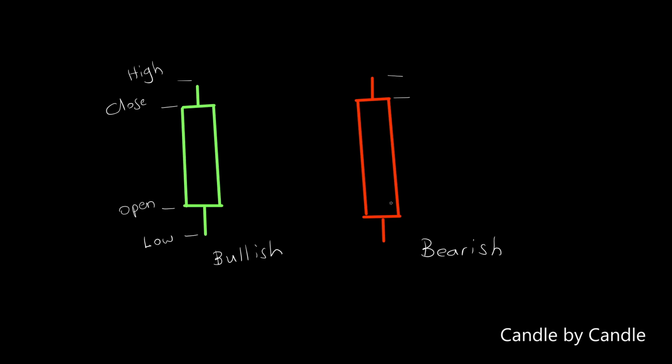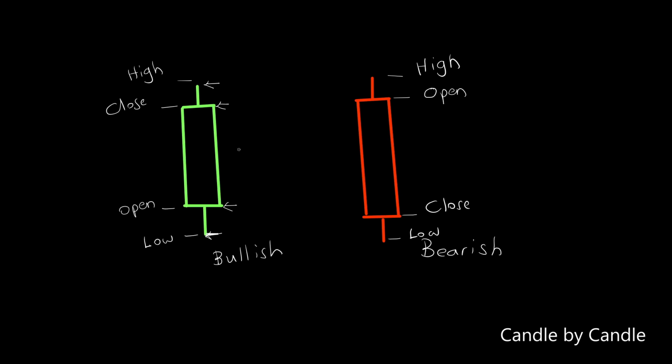On the bearish candle we can name the same. Here is the open, and here it's the high, the low, and here is the close. So let's say this is a 1 hour candle, then within that 1 hour the price hits this low at some point, then it went to a maximum, the highest point, and it closed here, opened here.